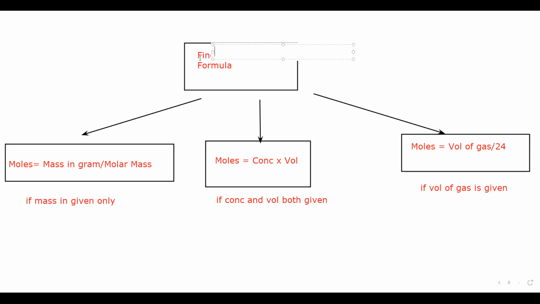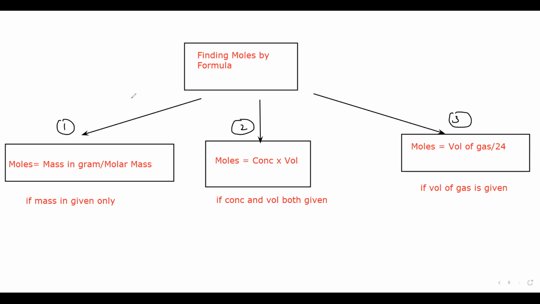So if we are finding the moles, we can use a formula or we can use a ratio. If we are using a ratio, we will use the equation. If we are using a formula, we don't need any equation. We just work out according to the values given in the question. So I'm writing some questions now, and I want you to recognize which formula should be used.